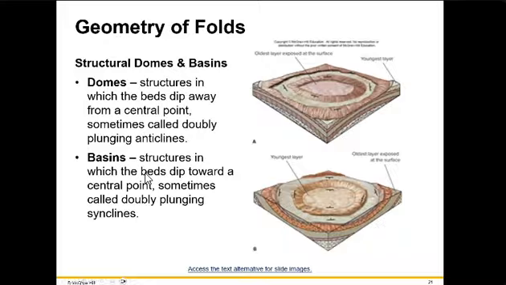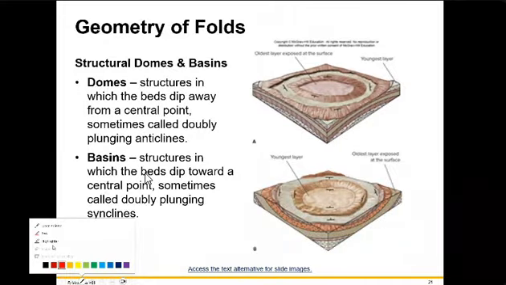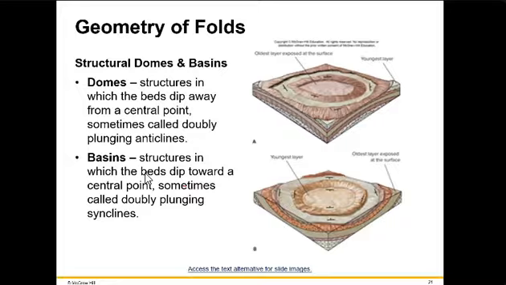You see this sign here? This sign is showing us that the beds are dipping away from the center, such that the oldest layers are exposed at the surface. So this is a domal structure, or a dome.